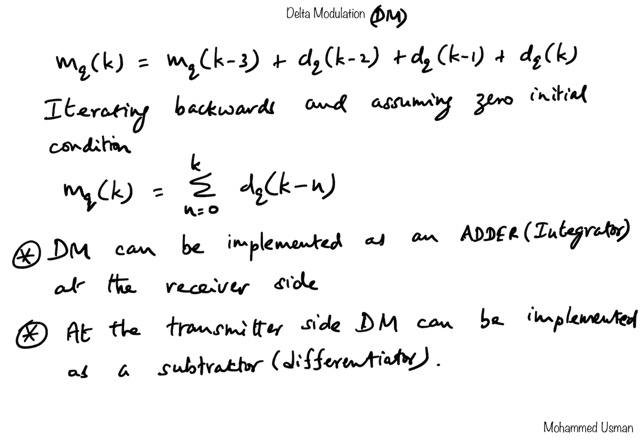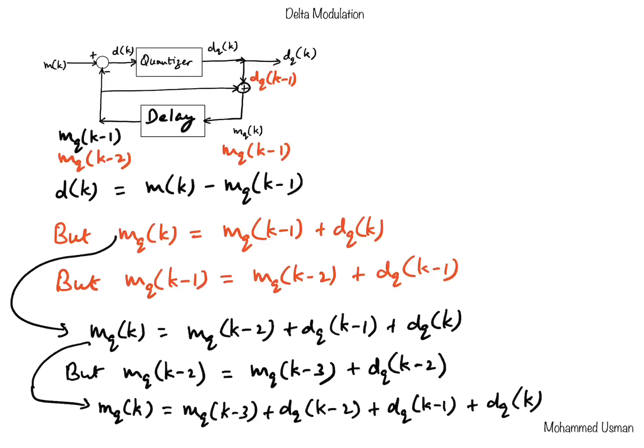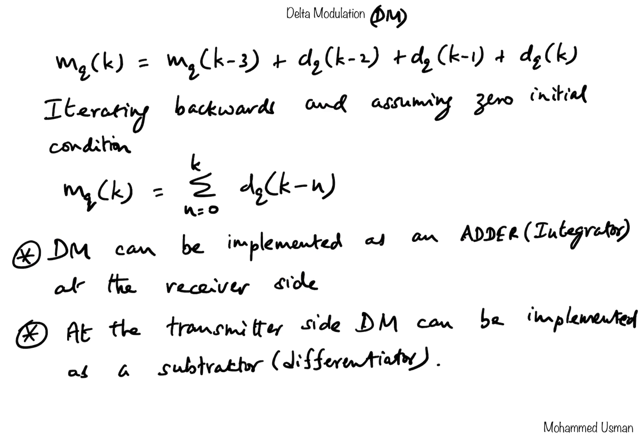But what is not obvious from the block diagram and the discussion so far is that delta modulation is a one-bit quantizer, in the sense that irrespective of the number of quantization levels, the output produced is a single bit. It's either a 1 or a 0.